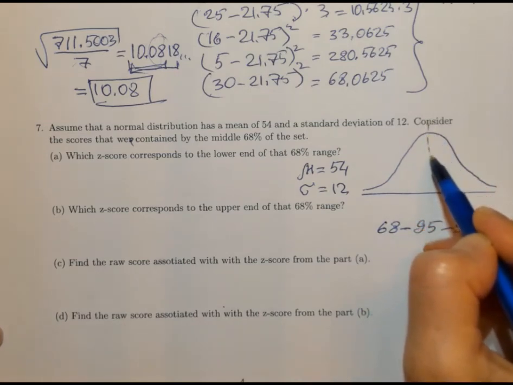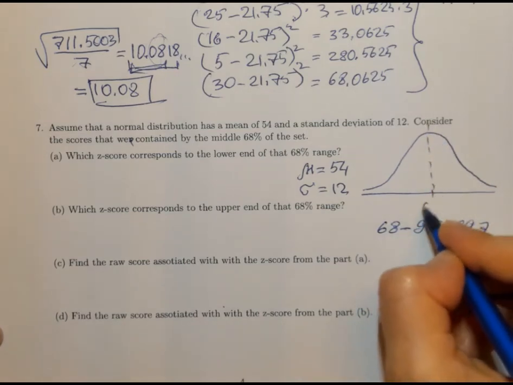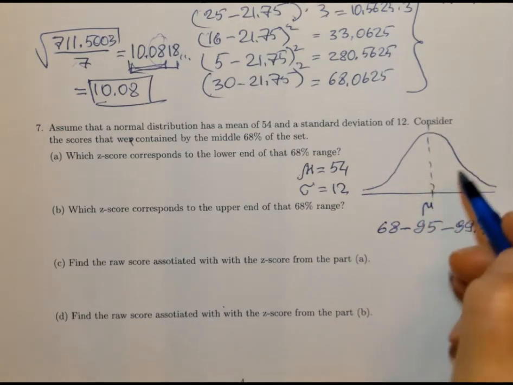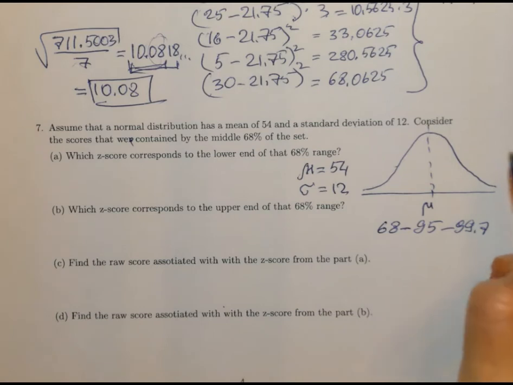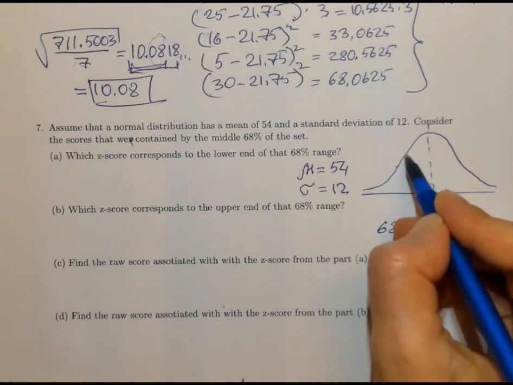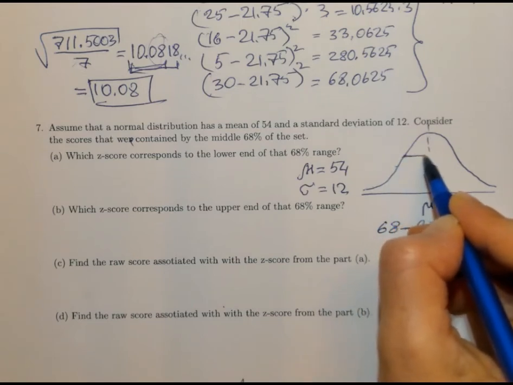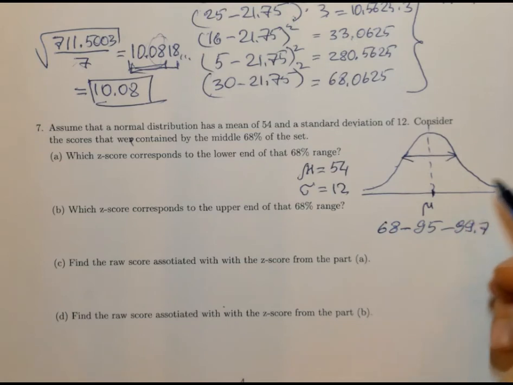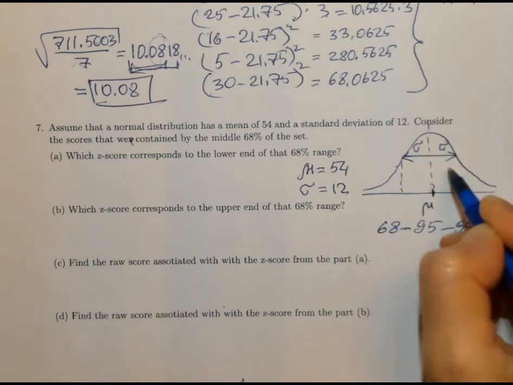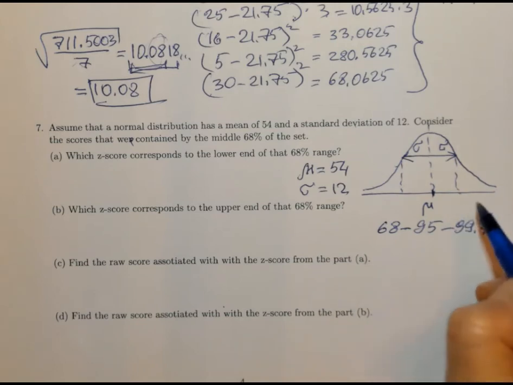If we have the mean in the middle of this normal distribution set, then 68% of the values are within one standard deviation, so one sigma to the right, one sigma to the left of the mean.